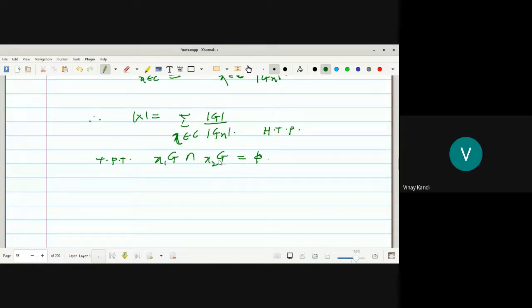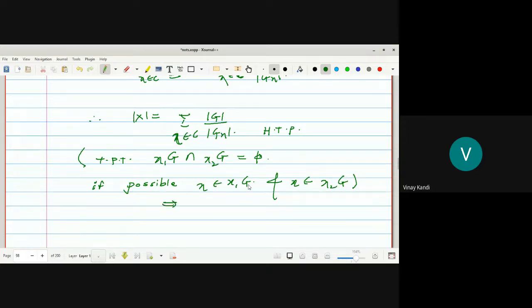Suppose, if possible, this is not part of the proof, x belongs to x1G. And this x also belongs to x2G. That means these two are not disjoint. There exists an element x belongs to x1G and x also belongs to x2G, it is in the second orbit too. What does that mean?